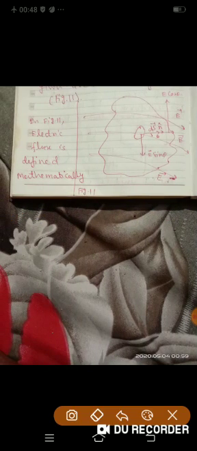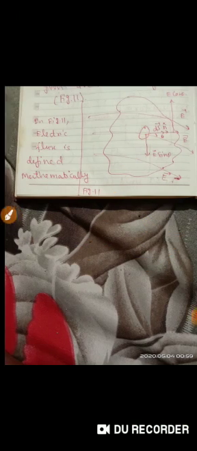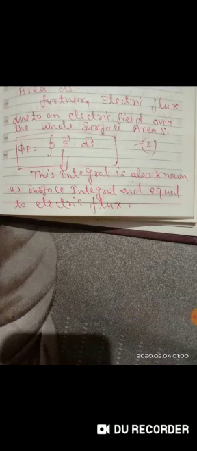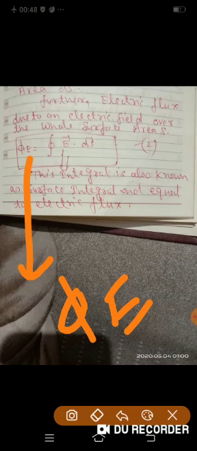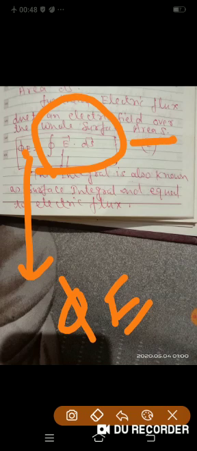In this figure, first you calculated the small ds area, then you calculated the electric flux in the form d phi e. This was E dot ds. Further you calculated the whole electric flux phi e, which is equal to the surface integral. So equation 2 is the electric flux due to an electric field over a surface area s. Okay, so this is the main thing.